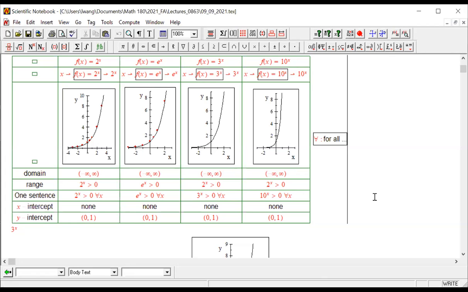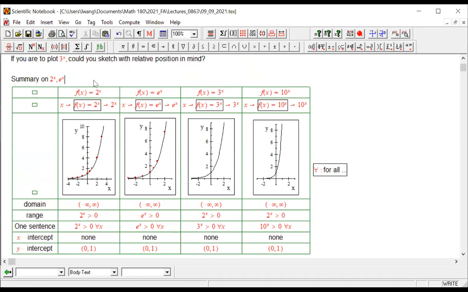Can we continue to make the table for base 100? It will go on forever, right? We can categorize them under the exponential function family. That exponential family, we have a name for it; you guys have seen this before.